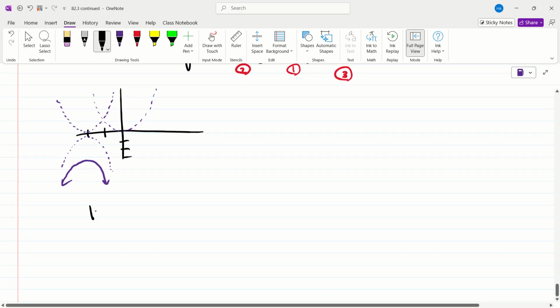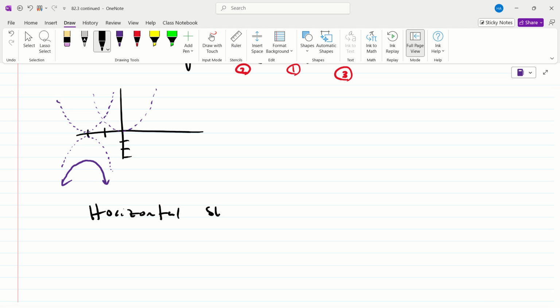Let's talk about a reflection about the y-axis.